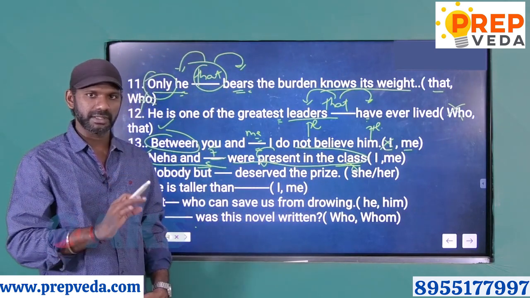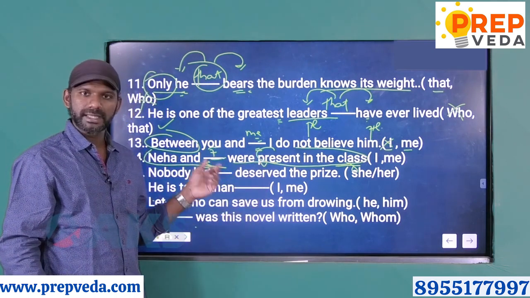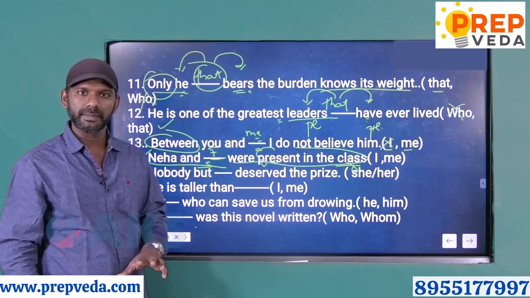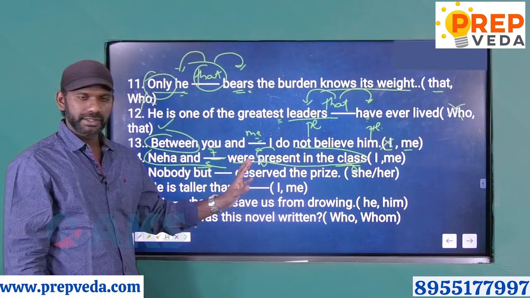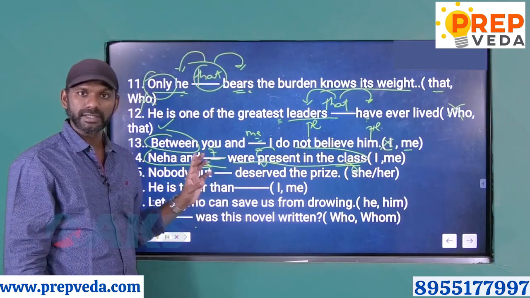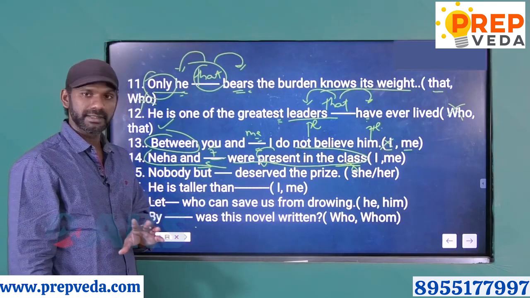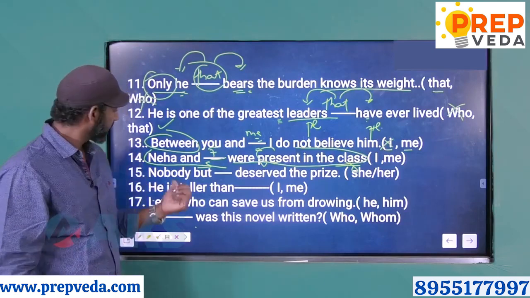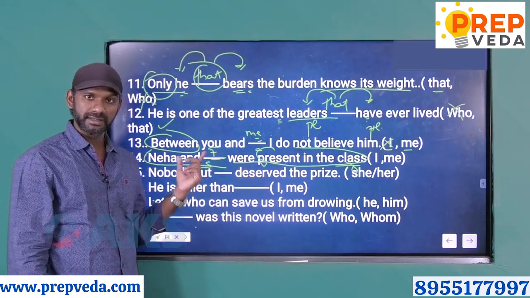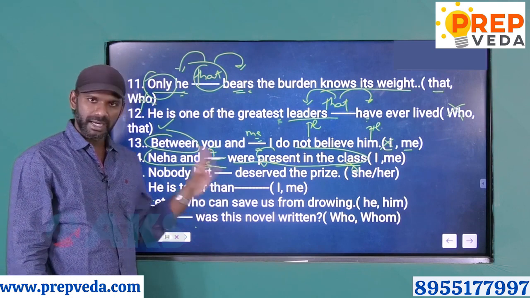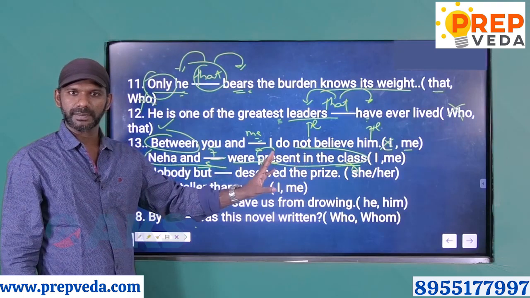When a sentence is in the active voice and the pronoun is acting as a doer in that sentence, that particular pronoun must be in the subjective form, not objective. I is subjective. So Neha and I were present in the class.